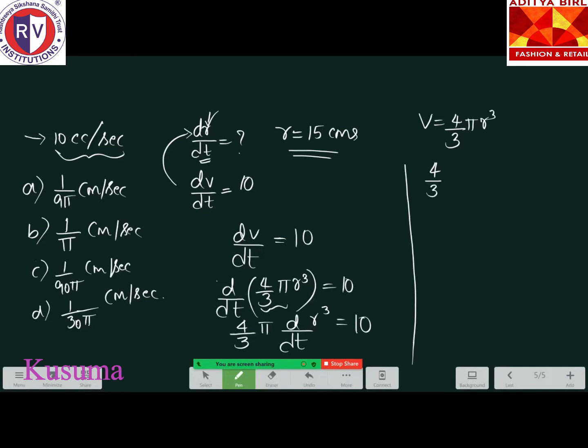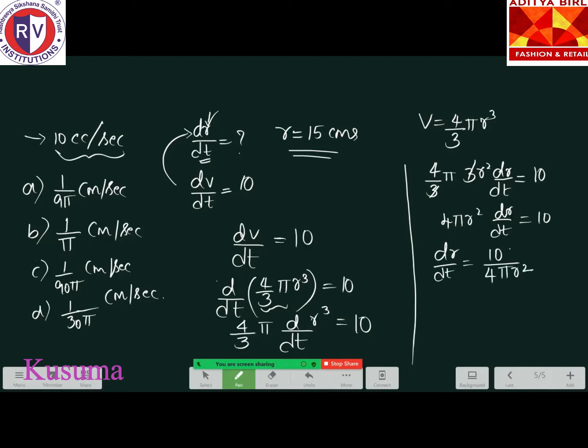So this is 4 by 3 pi. d by dt of r cube will be 3r square into dr by dt, right? Because r is not a function of t. So this will be dr by dt. This is equal to 10. Okay, here 3 and 3 get cancelled, and we have 4 pi r square. dr by dt is equal to 10 by 4 pi r square.